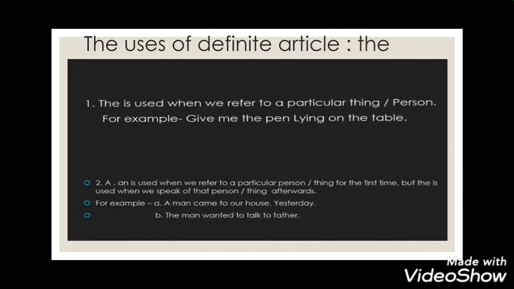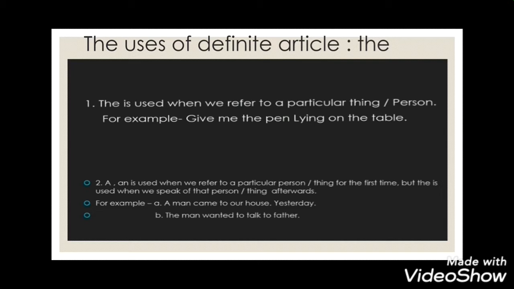So students, let me first tell you the uses of the definite article, that is the. Number one: the is used when we refer to a particular thing or person. For example, give me the pen lying on the table.